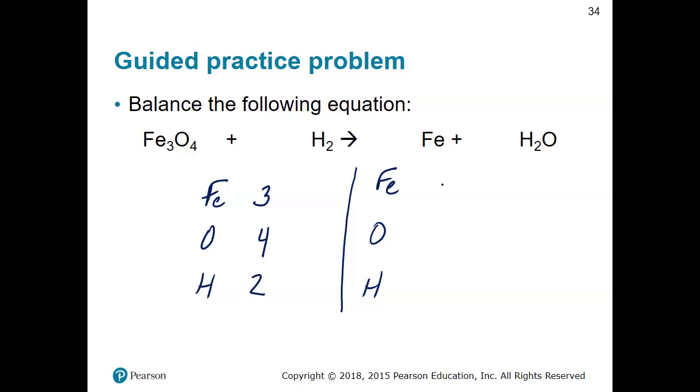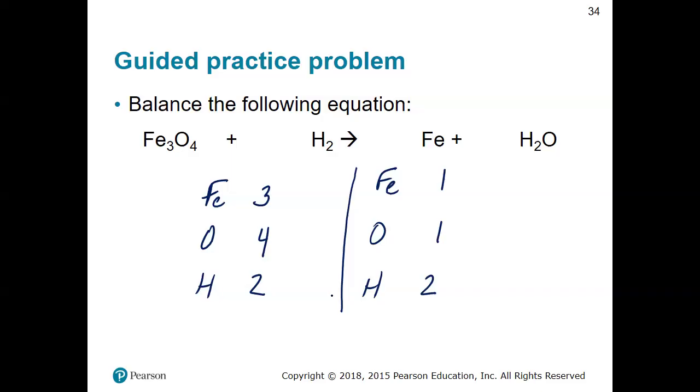On the product side, I have 1 iron, 1 oxygen, and 2 hydrogens. So right away, with the exception of the hydrogen, nothing's balanced. The only thing I know is that the hydrogen currently is balanced.